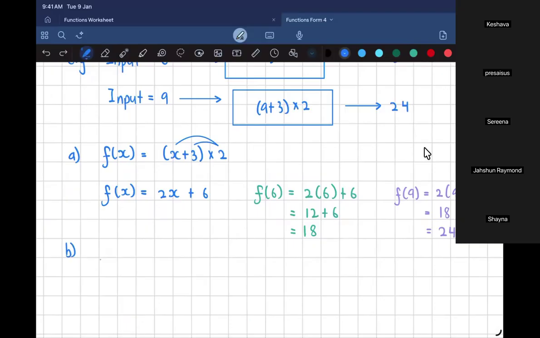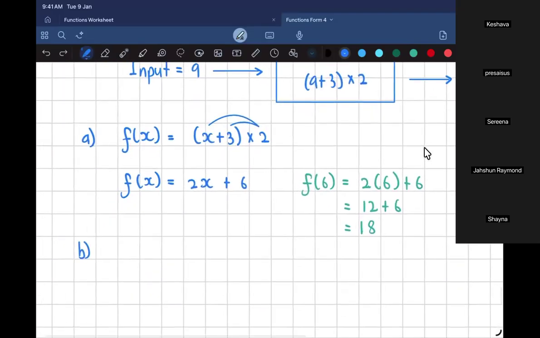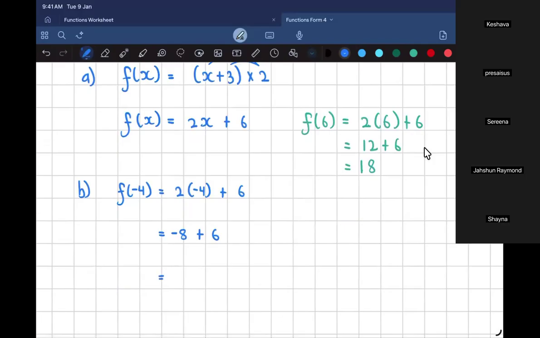So if we wanted to find for -4, that would be f of -4 equal to what? 2 open brackets minus 4 close brackets plus 6. What's 2 by -4? Minus 8. Plus 6. What's -8 plus 6? Minus 2. So, Keshava, these negative numbers, I think just throw you off.